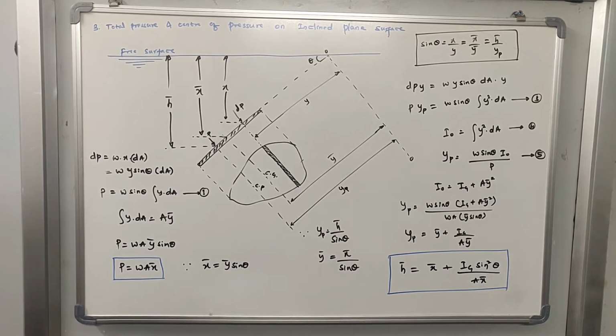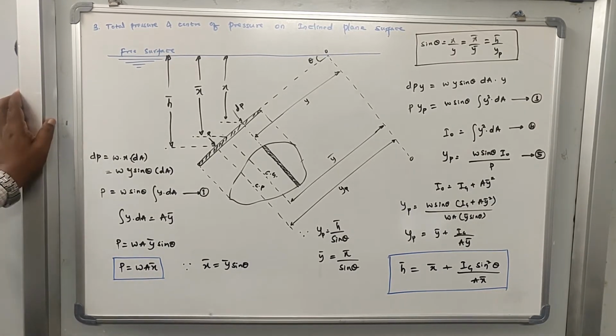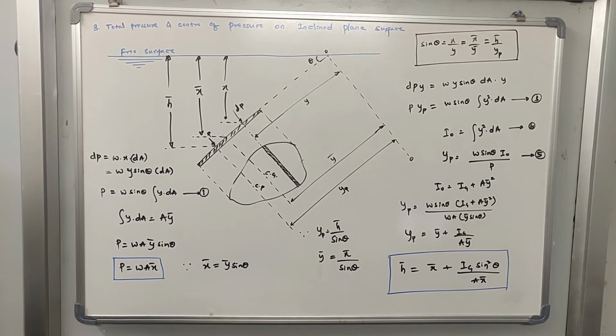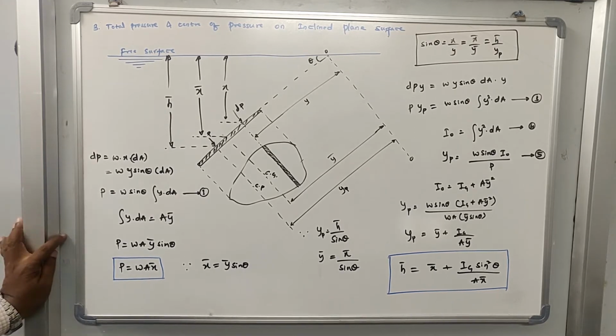Students, good morning. In the previous class, we discussed the total pressure exerted by the static mass of fluid on the planes. First case, we considered the plate submerged in the static mass of fluid horizontally.